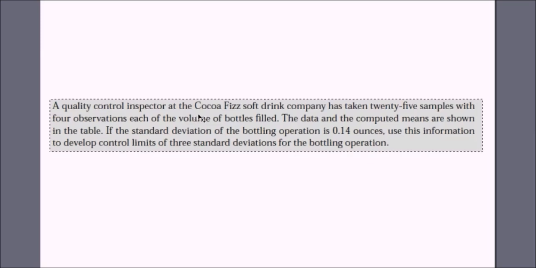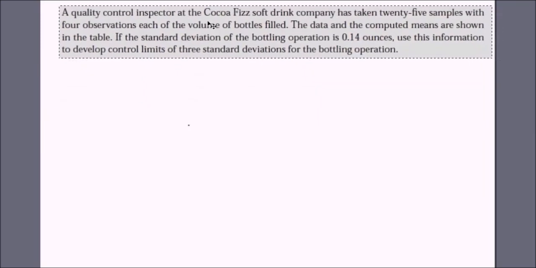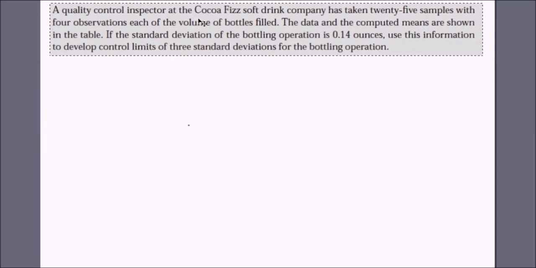Well, we have a question here taken from a company which is involved in filling up of bottles with soft drinks. A quality control inspector at the Coco Fizz soft drink company has taken 25 samples with 4 observations each. We do have these samples on an Excel sheet because it will be easy for the calculation.